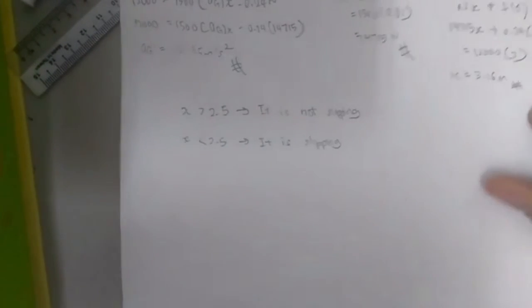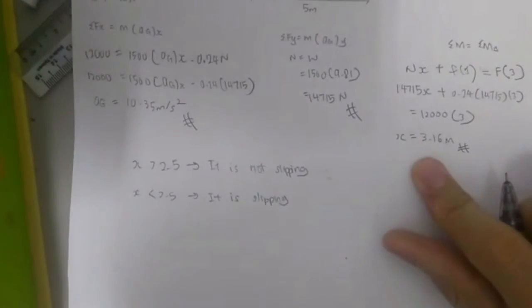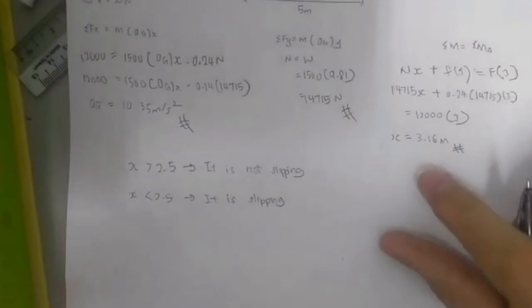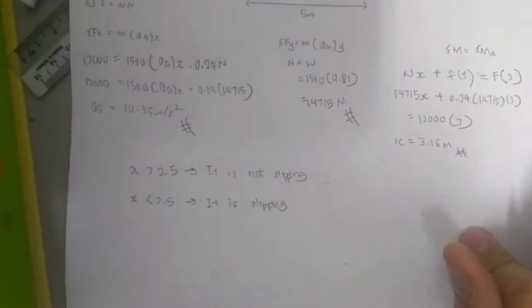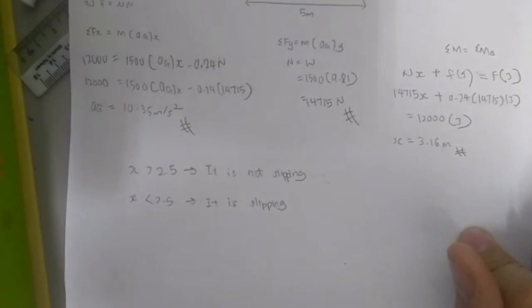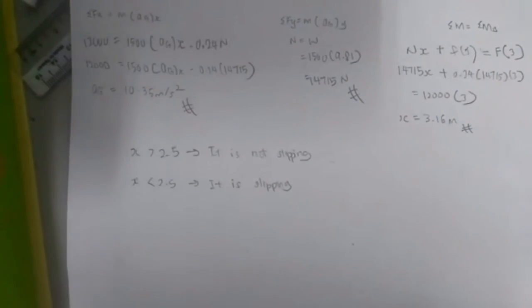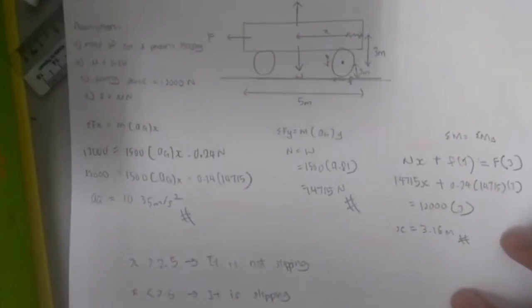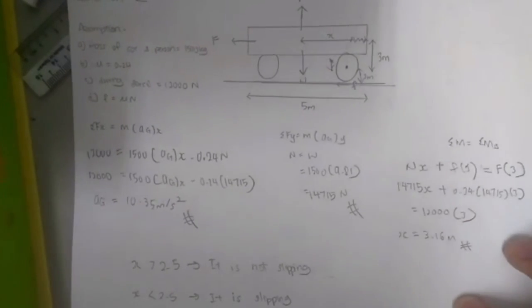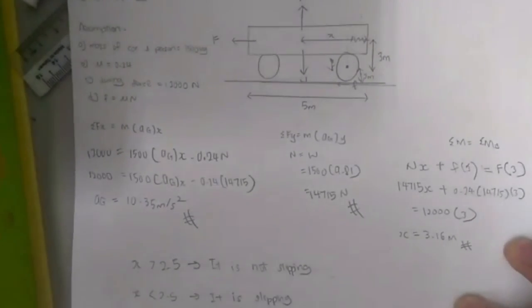Oh, sorry about this. So what we calculated is x equal to 3.16, which is larger than 2.5. So this car is not slipping. Okay, so yeah, here is the calculation, and thank you very much.